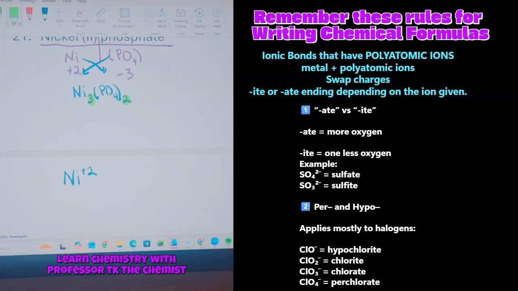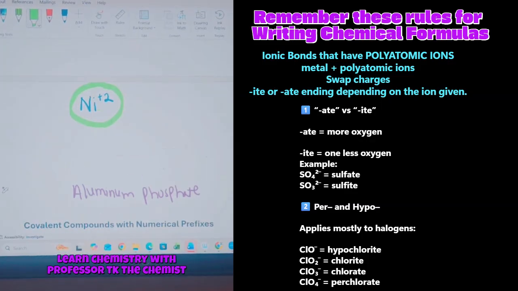Writing it as a formula. So if I said, what is the ionic charge? You will see it written like this as a superscript. This is telling you the ionic charge of that. But when you write it as a subscript, that's in a formula.